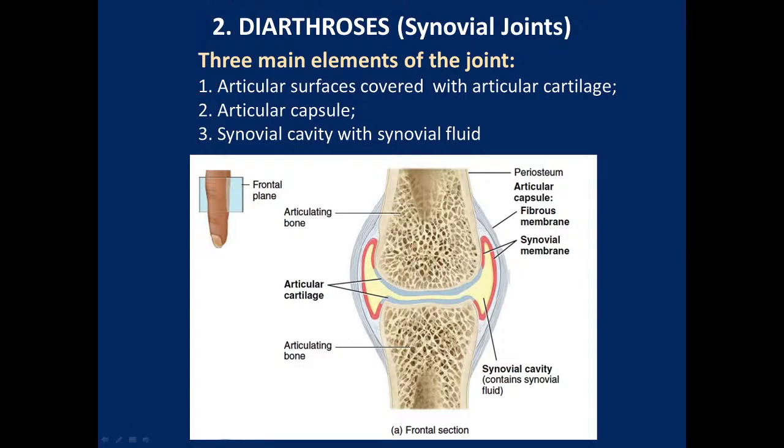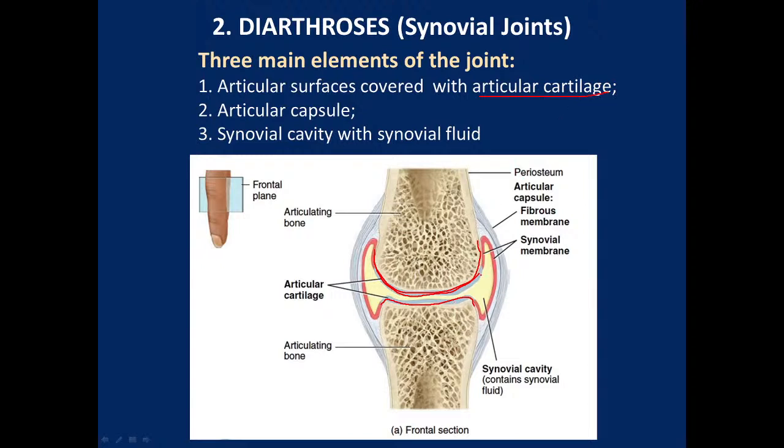Here, let me demonstrate. This is one articular surface on one of the bones, and that is the second articular surface. And this blue layer is the articular cartilage.